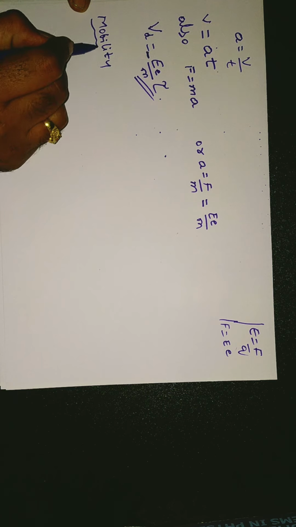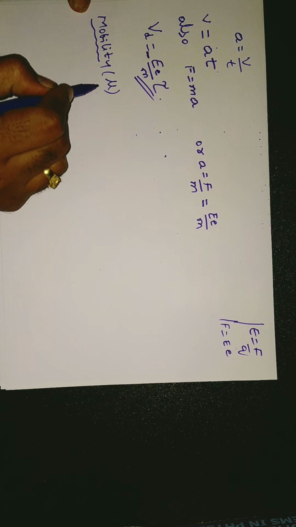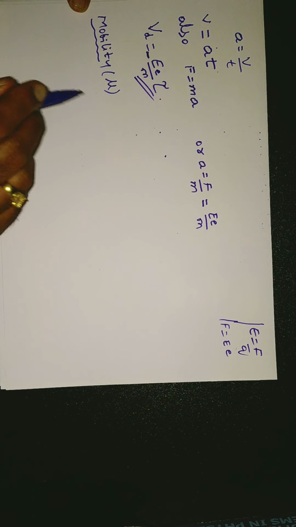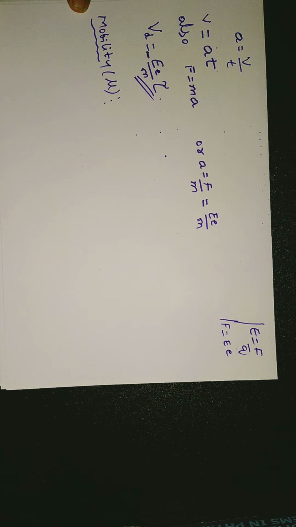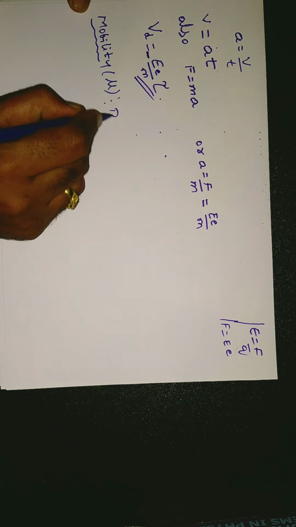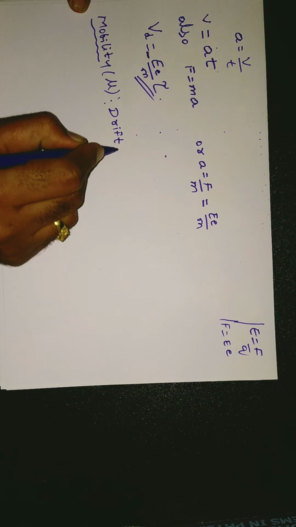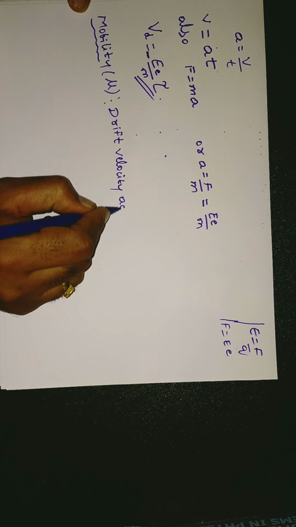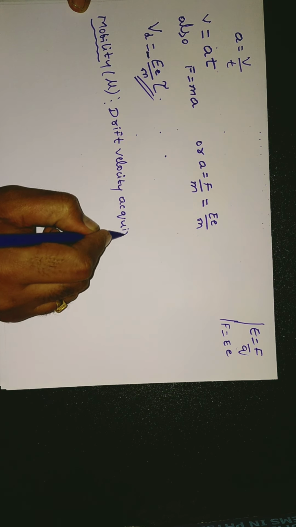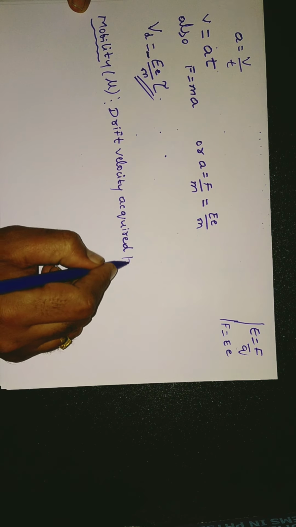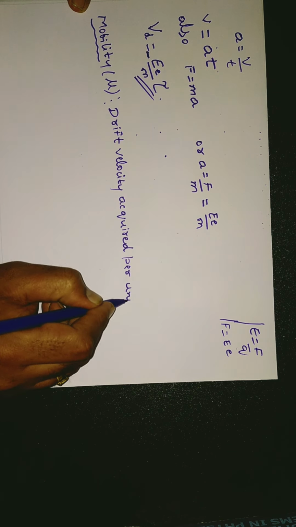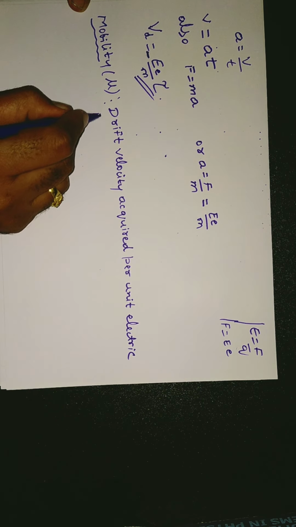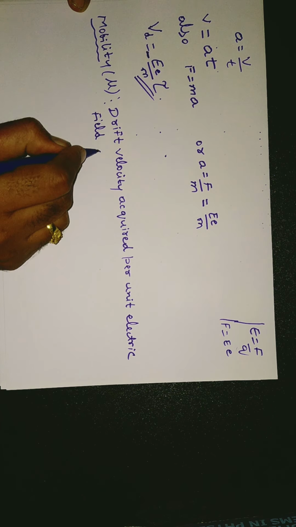Mobility, normally represented by mu, is the drift velocity acquired per unit electric field applied.